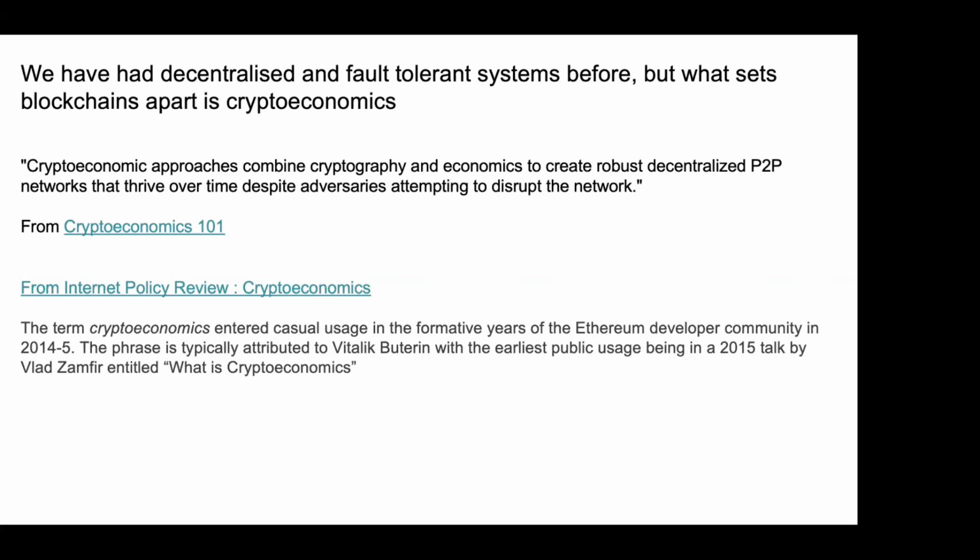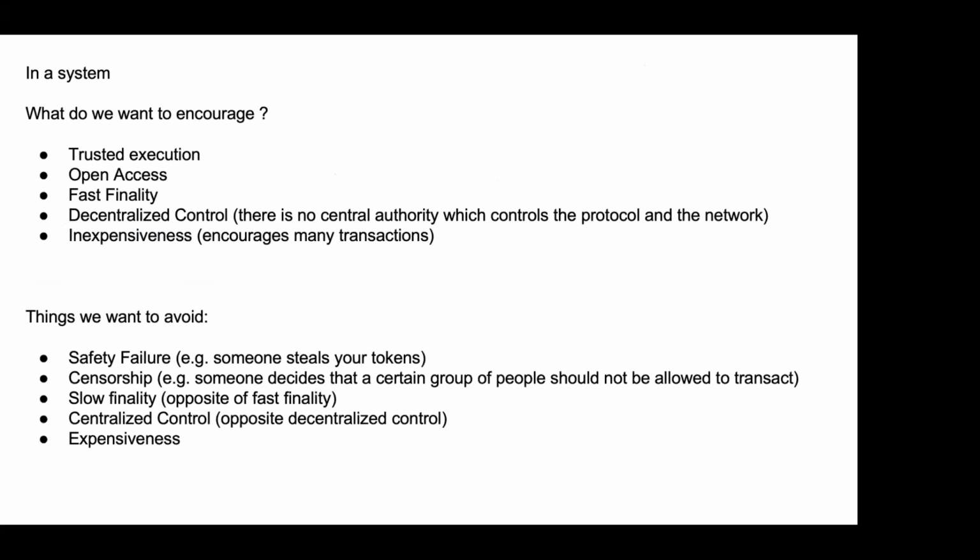But it brings together economics and cryptography and looks at the incentives and the process by which blockchains work, and how they make robust systems, and how they make systems that are resistant to various types of attack. And there are certain things that you want to encourage in systems. I won't go through them.